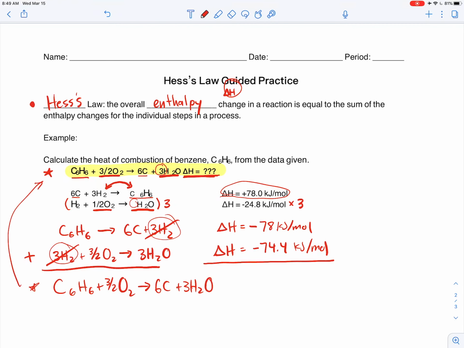This is what we had wanted. So we have our final equation. Now we can find the delta H by simply combining these 2 numbers here. So we're just going to add those 2 numbers together, and this would be our final answer.